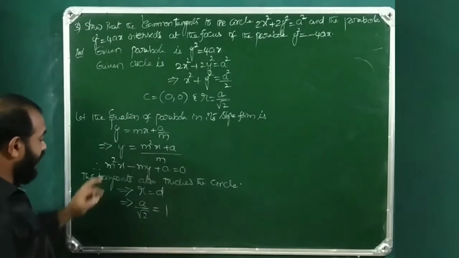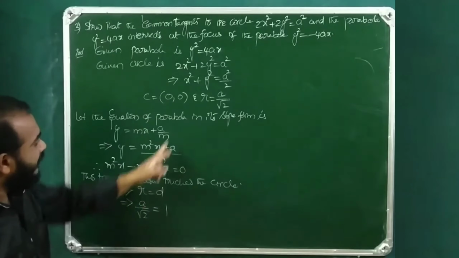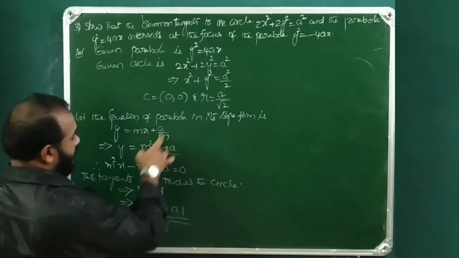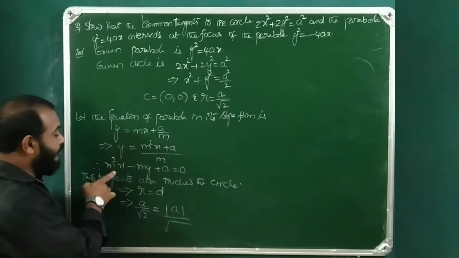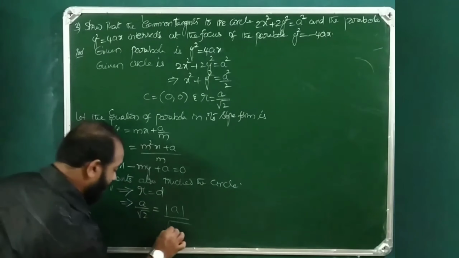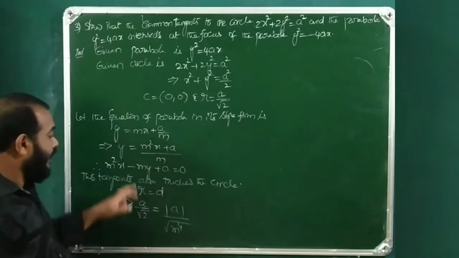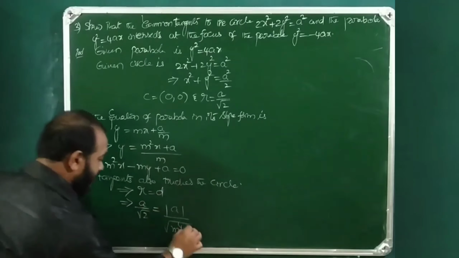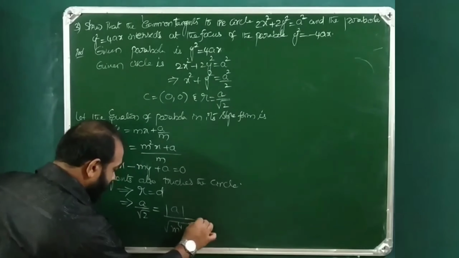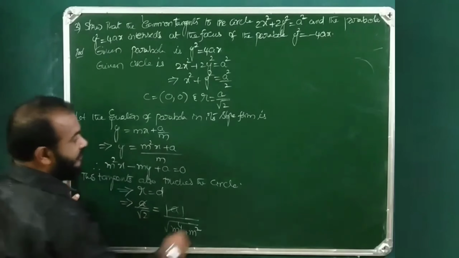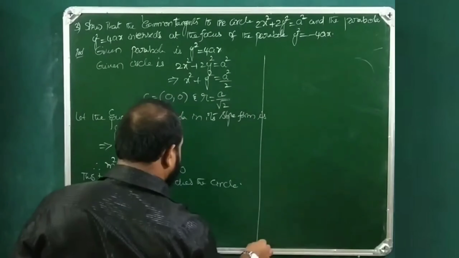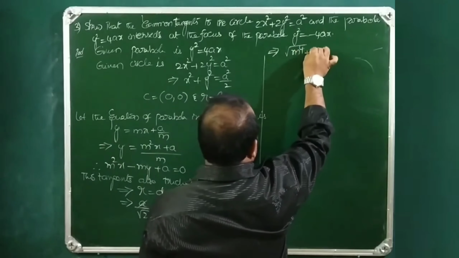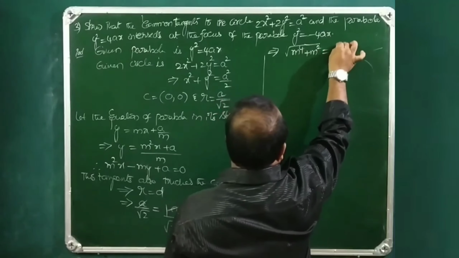So that is modulus of m square into 0 minus m into 0 plus a, by square root of the square of the coefficient of x plus the square of the coefficient of y: m square whole square, m power 4, plus minus m whole square, that is plus m square. This is equal to, a gets cancelled, root m power 4 plus m square is equal to root 2.